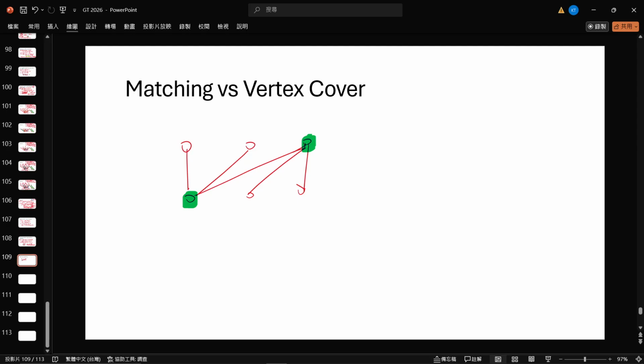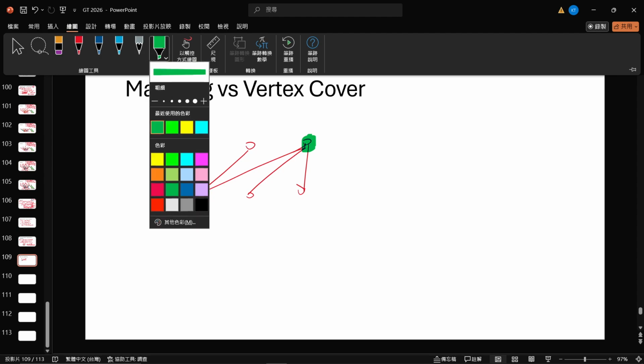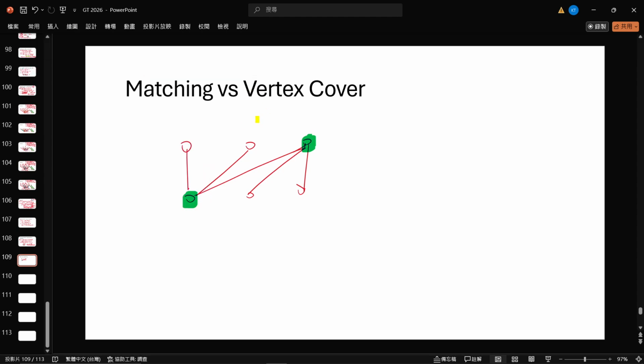So for this graph, the best you can do is to choose just 2 edges in your matching. Okay? So it seems like these 2 sets have the same size.